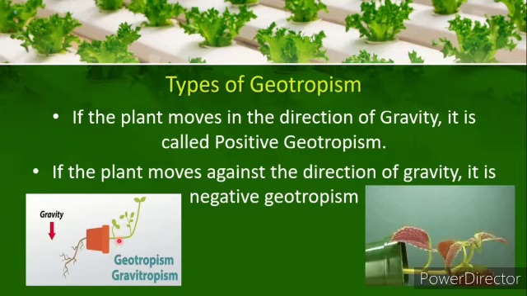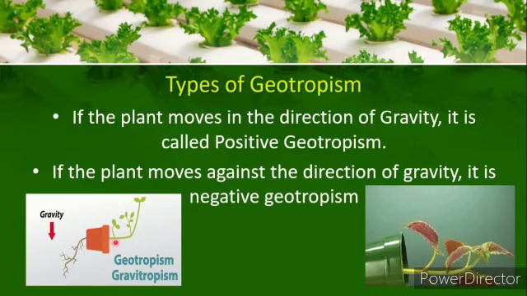As per our knowledge, the shoot and even the roots should grow horizontally, but this is not happening. That's because of geotropism, where the roots try to move towards the soil, towards the ground, towards the gravitational pull. That's the reason the growth of the root is the positive geotropism.